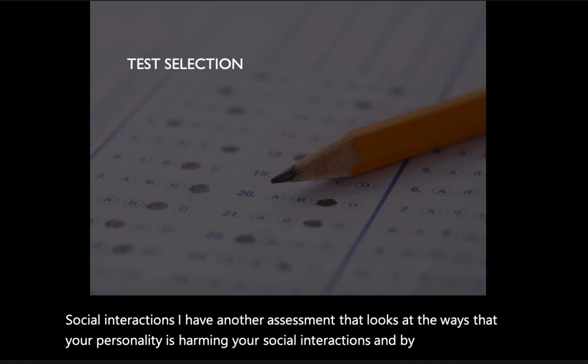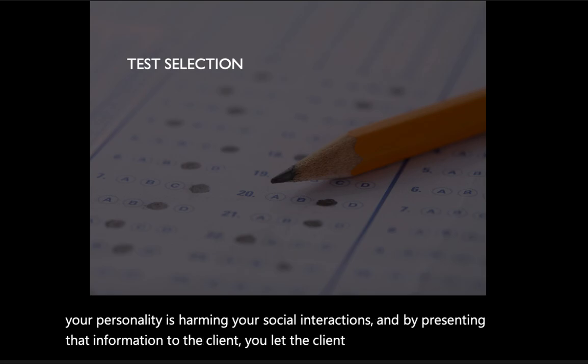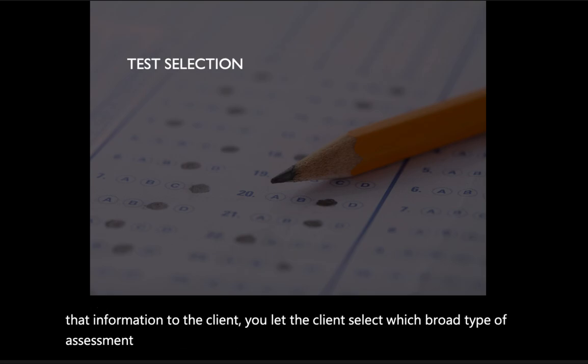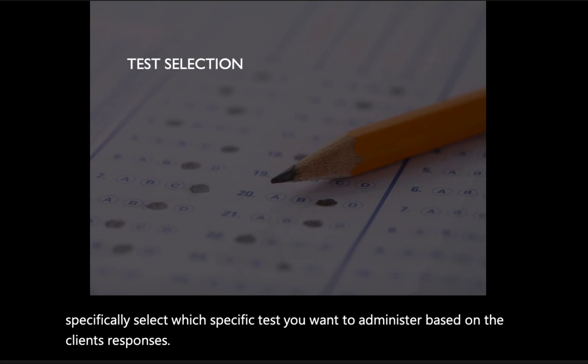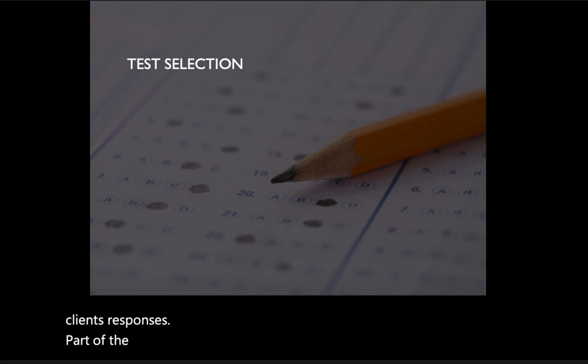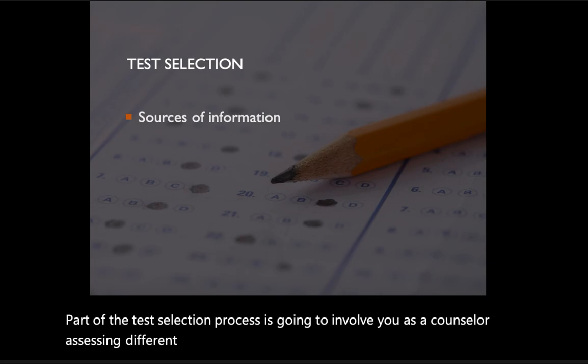And by presenting that information to the client, you let the client select which broad type of assessment they want to use. And then as the counselor, you go in and specifically select which specific test you want to administer based on the client's responses. Part of the test selection process is going to involve you as a counselor assessing different sources of information.